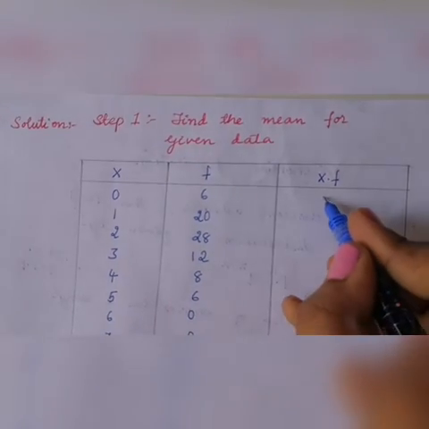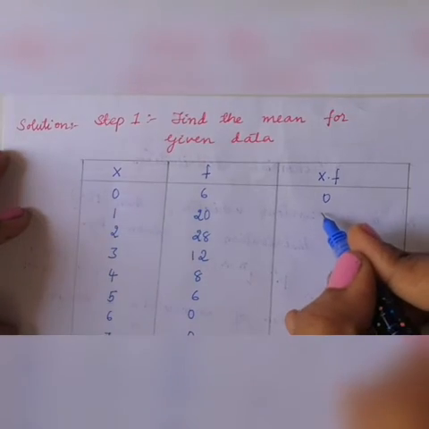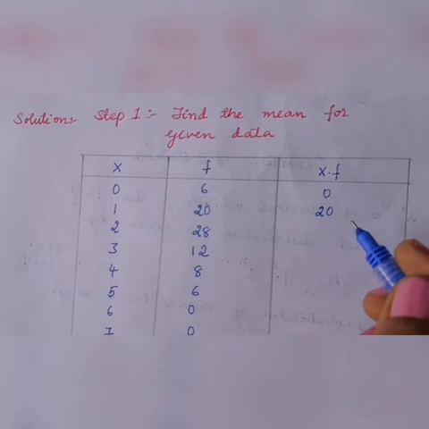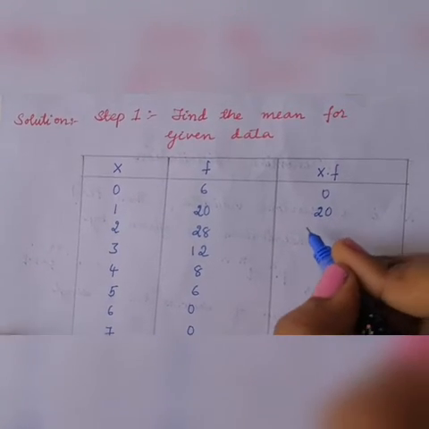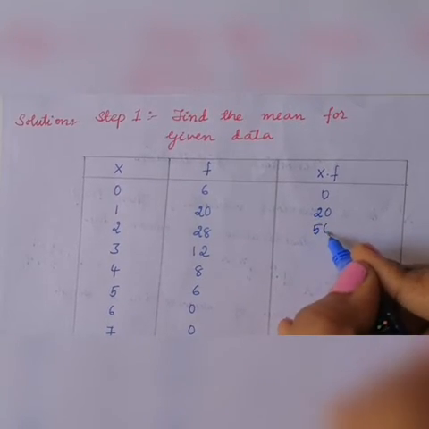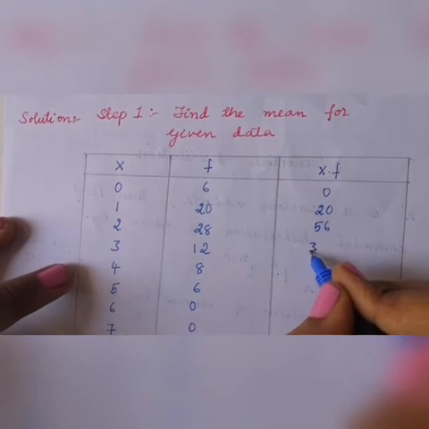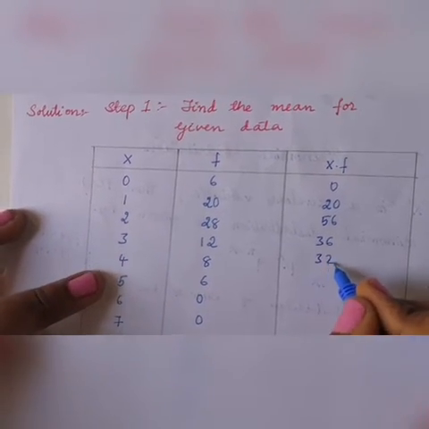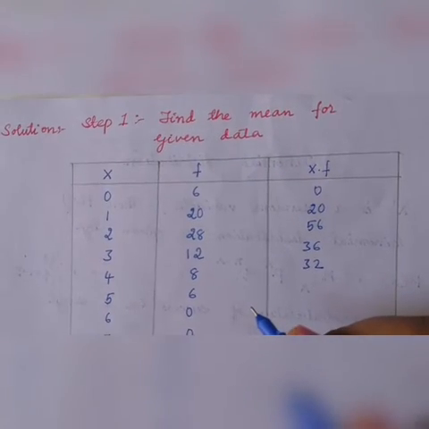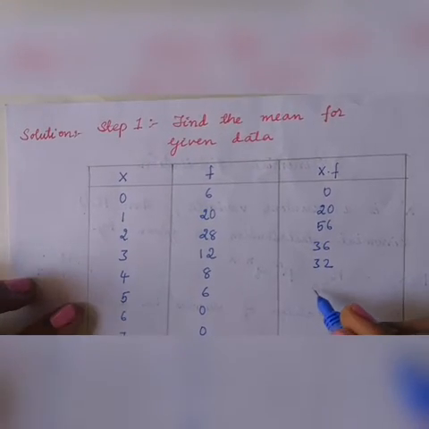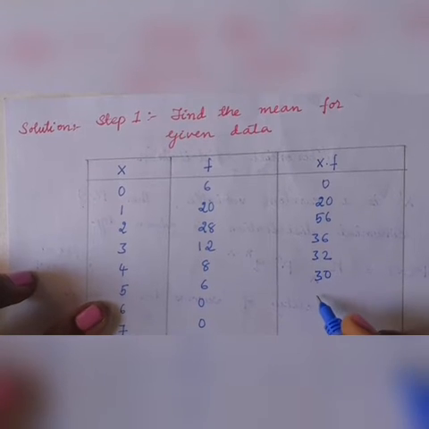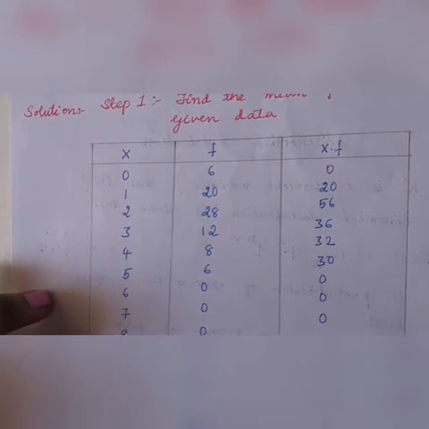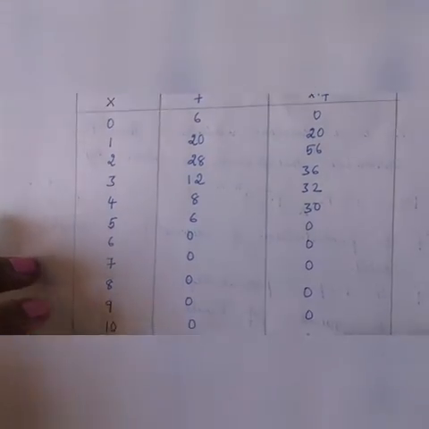Okay, 0 into 6 is 0, 1 into 20 is 20, then 2 into 28 is 56. 3 into 12, 36. 4 into 8, 32. 5 into 6, 30. 6 into 0, 0. 7 into 0, 0. 8 into 0, 9 into 0, 10 into 0.